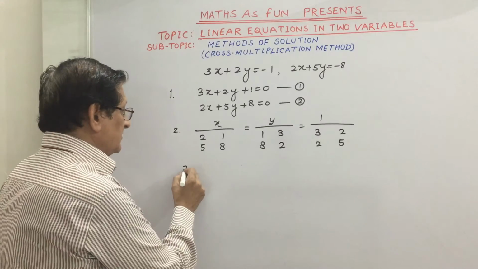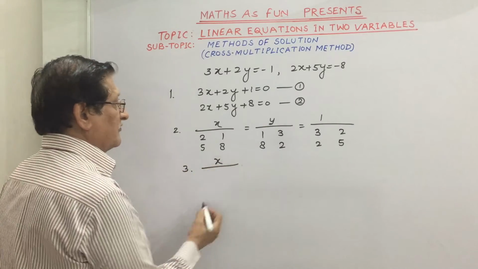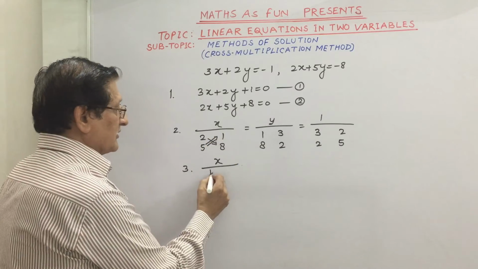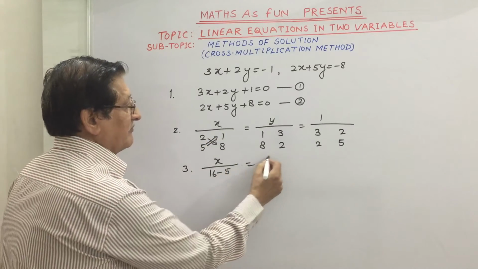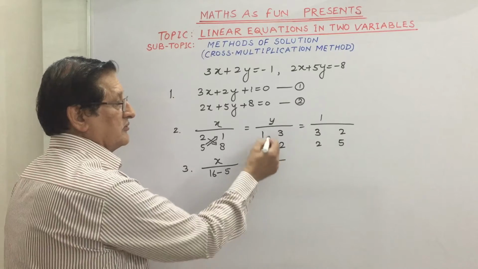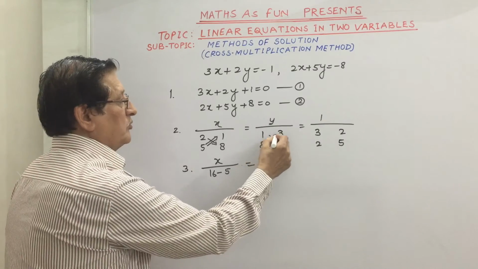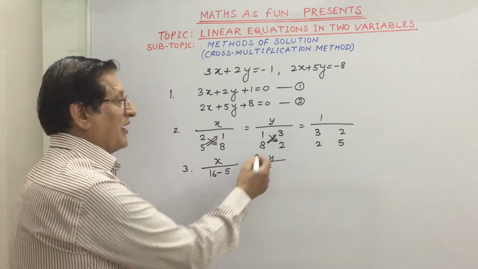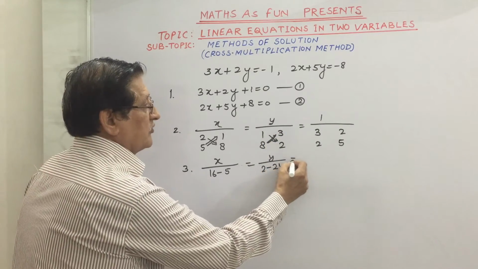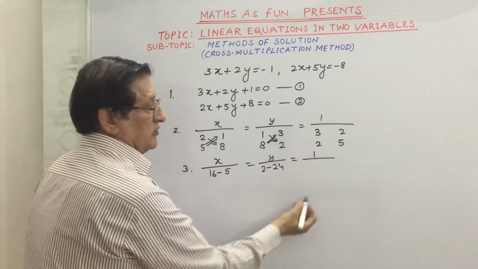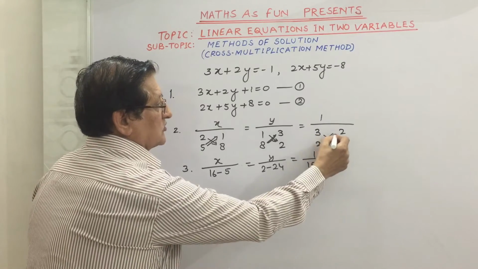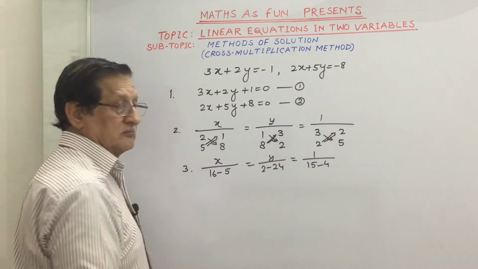And then using the cross multiplication method, we get 2 into 8 minus 5 into 1, that is 16 minus 5. Y upon 2 into 2 into 1, that is 2, minus 8 into 3, that is 24. 1 upon 3 into 5, that is 15, minus 2 into 2, that is 4.